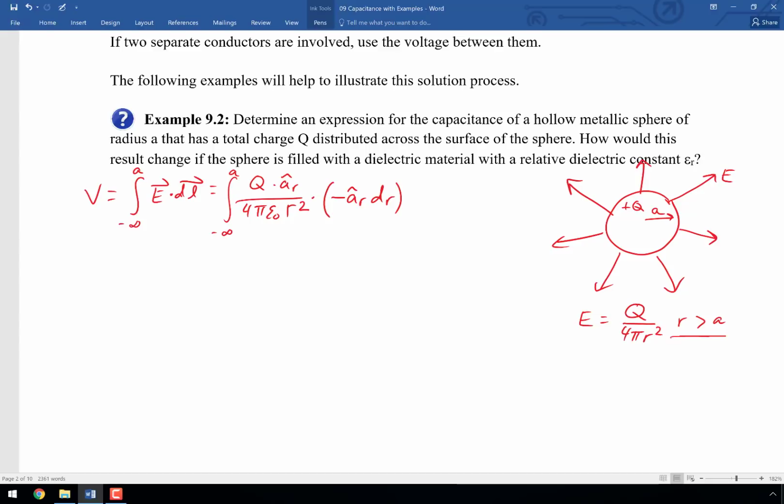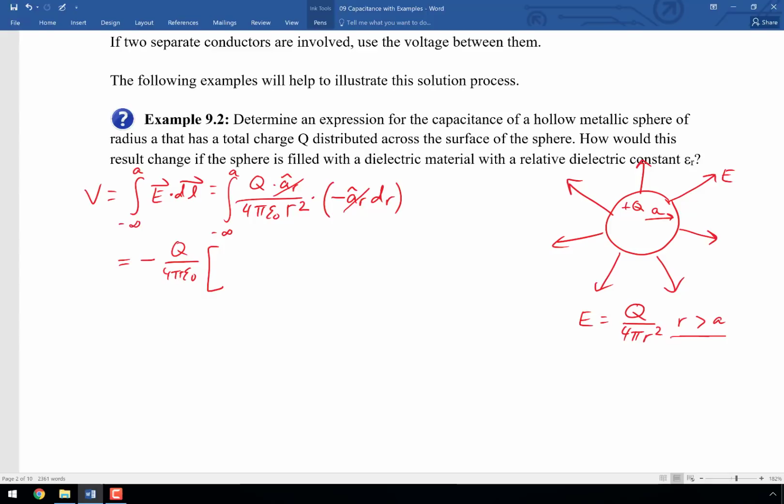And so this turns out to be, I'll move out the negative Q over 4 pi epsilon 0. All of that moves out in front. And I'm going to have the integral of essentially, so these A sub r's are going to go away. The negative sign moved out in front. So I have a dr over r squared.